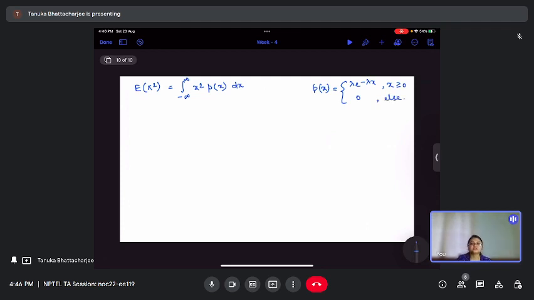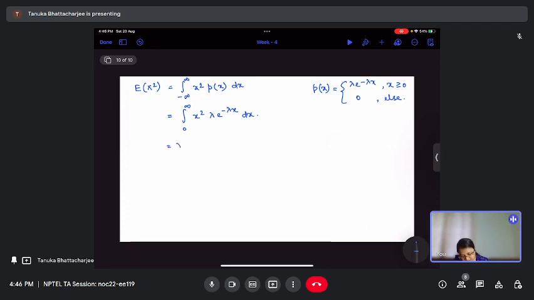So, here also x can take values only greater than or equal to 0. So, our limit reduces to 0 to infinity of x square times lambda e to the power minus lambda x dx. As you can see, we will have to go by integration by parts again.